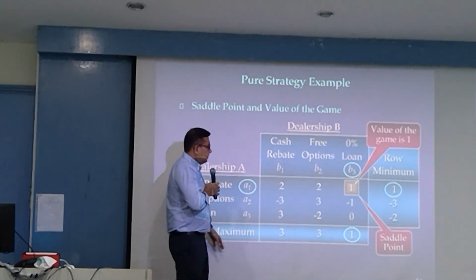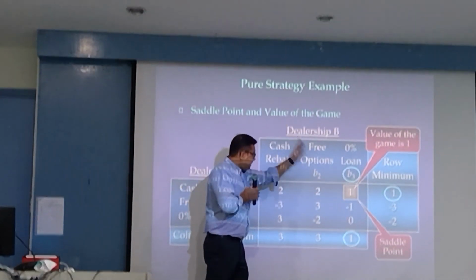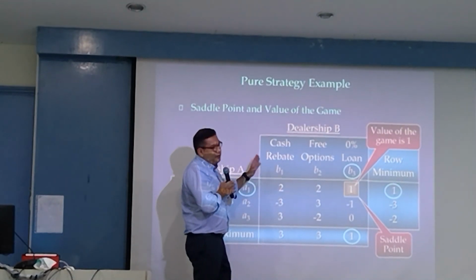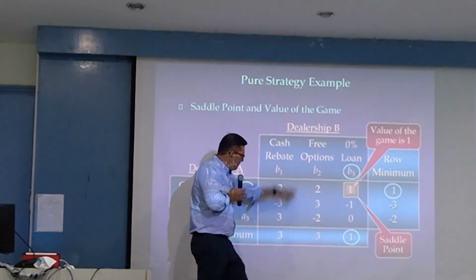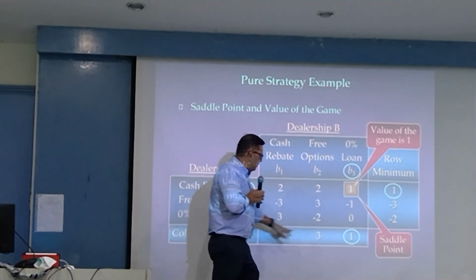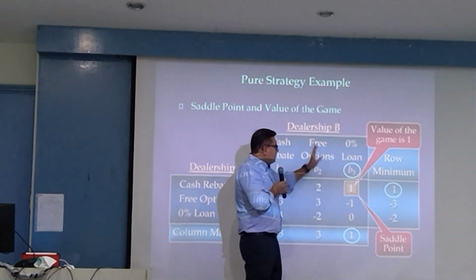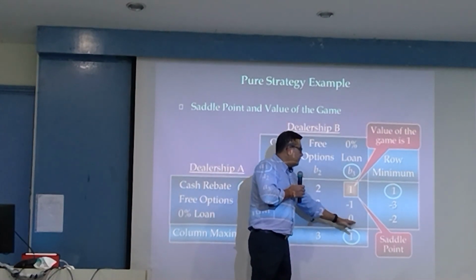How about dealership B? You use the minimax. The maximum for this column is 3, the maximum for this column is 3, the maximum for this one is 1. Comparing among them, the minimum one is 1. So dealership B selects strategy B3.